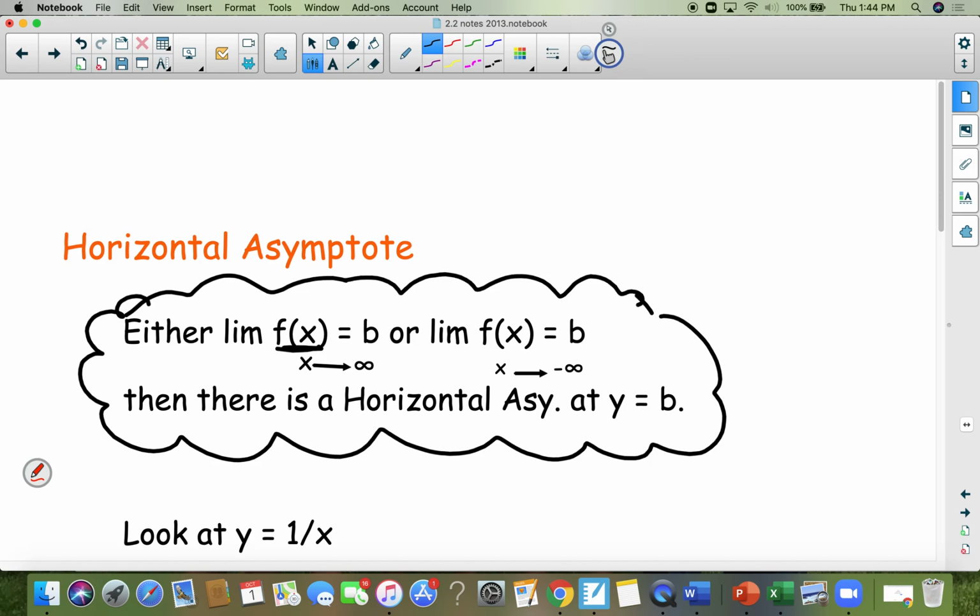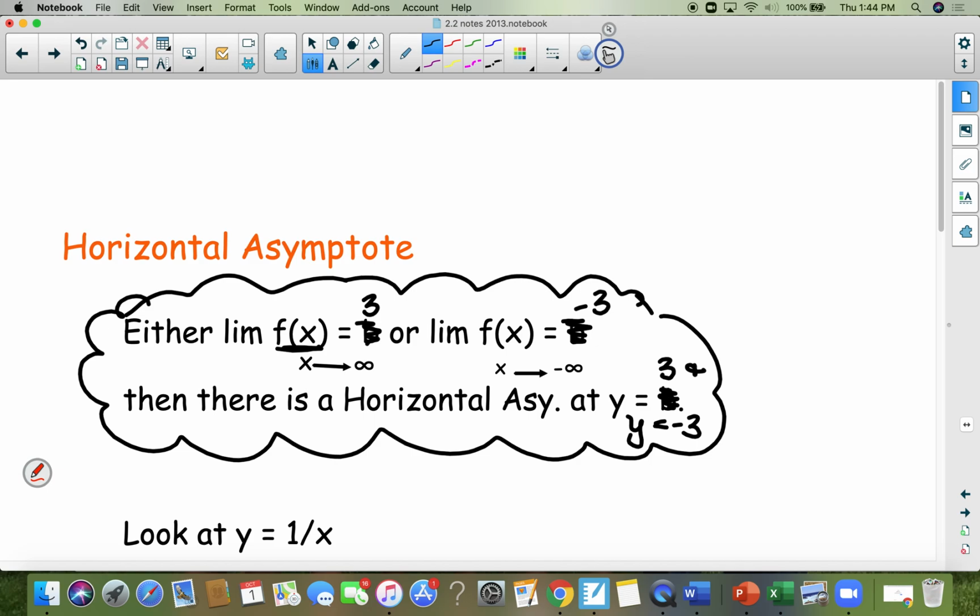The limit of f of x as x approaches infinity equals 3, but as x approaches negative infinity it equals negative 3. Then there's a horizontal asymptote at y equals 3 and y equals negative 3. You have 2 horizontal asymptotes, right?